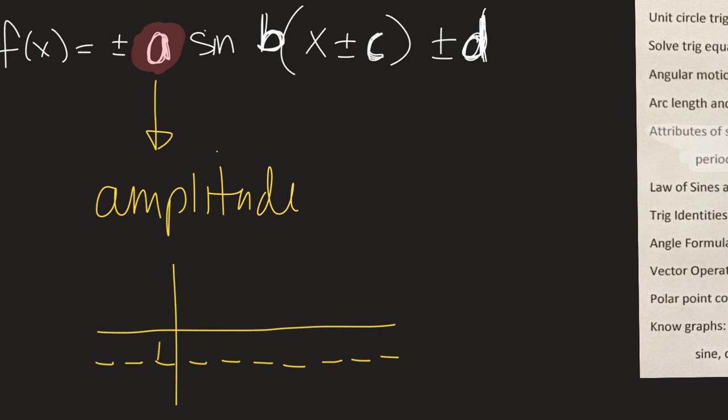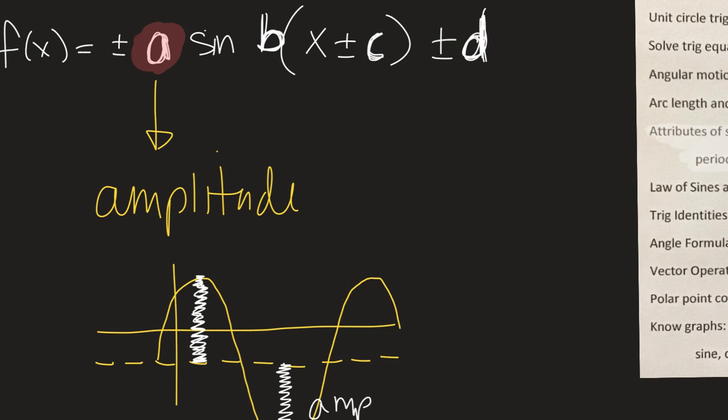So your amplitude is how high above and below your midline your graph goes. It's not the entire displacement, but only from the midline to the top or from the midline to the bottom. That is the same. That is your amplitude.